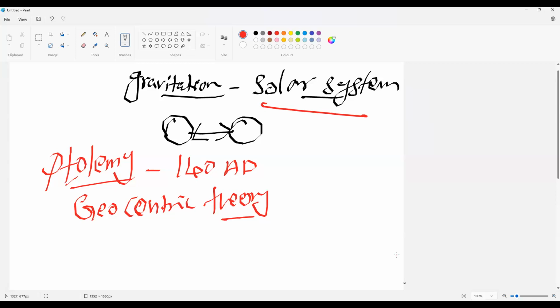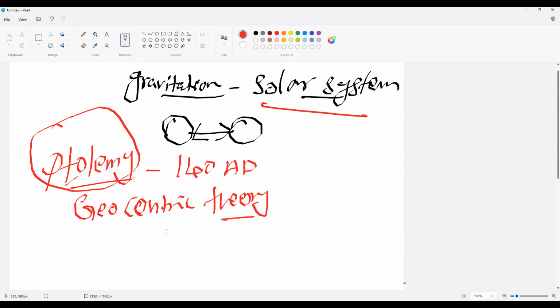A scientist told the world that Earth is at the center and all other planets are revolving around the Earth. What did he say? He said that the Sun is not at the center. In the year 140 AD, this person, Ptolemy, told that Earth is at the center and all other planets are revolving around the Earth.